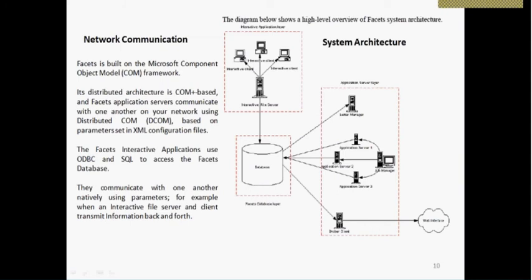If you see this table here, it tells you that it is based on the Microsoft Component Object Model, which is called the COM framework. All your interactive file servers and clients communicate through the COM and DCOM components. Basically it's the XML configuration files.